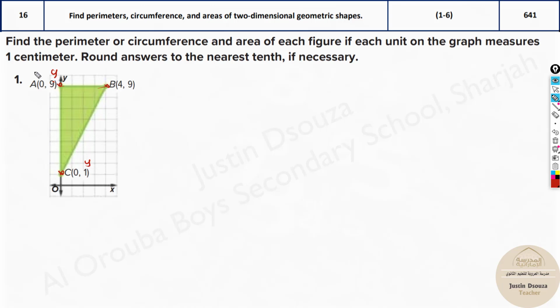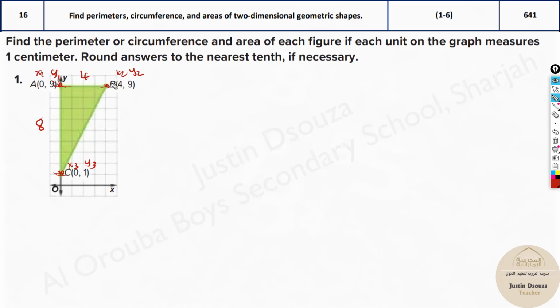If I consider this as x1, y1, this as x2, y2, and this x3, y3, then to find this height, it's the y coordinates subtracted. 9 minus 1 would be 8. Or you can count 1, 2, 3, 4, 5, 6, 7, 8. What about this? Again 1, 2, 3, 4, or x2 minus x1, which is 4 minus 0, that's 4.